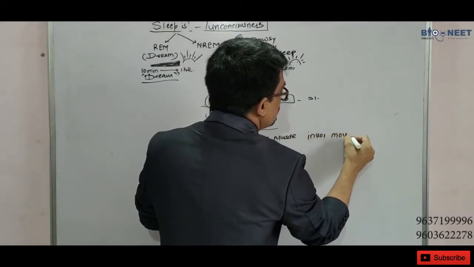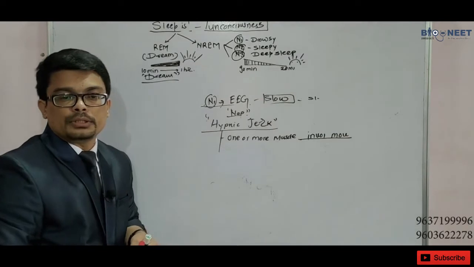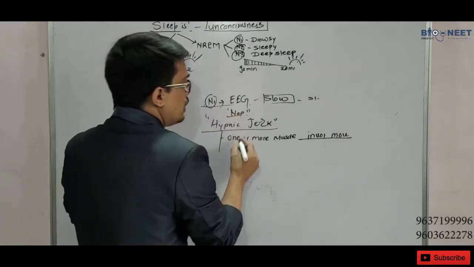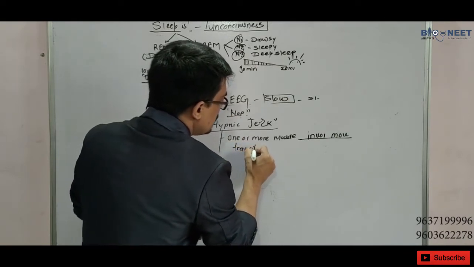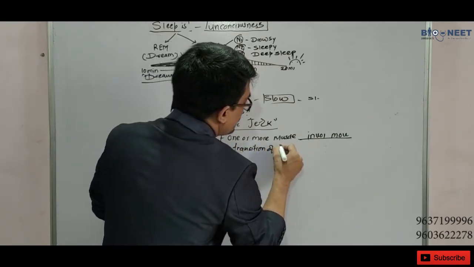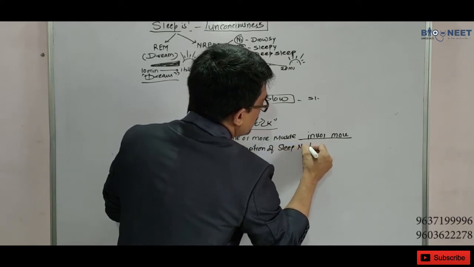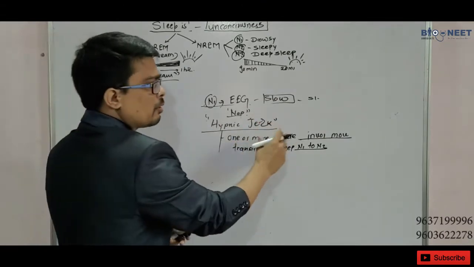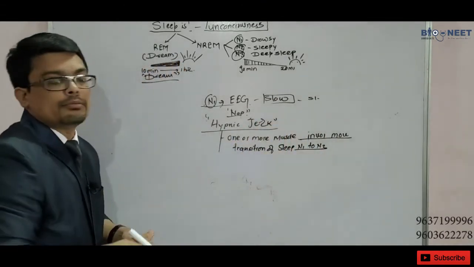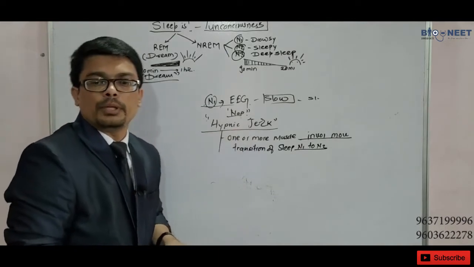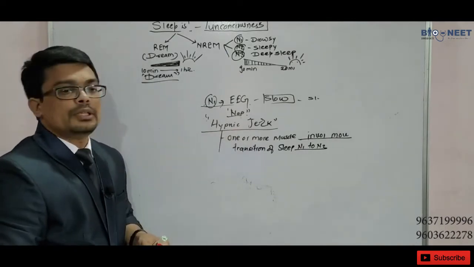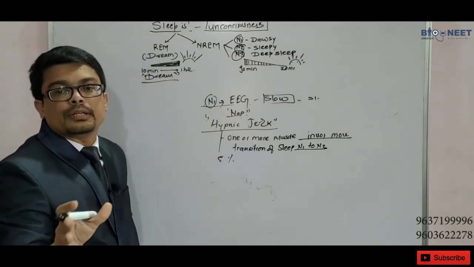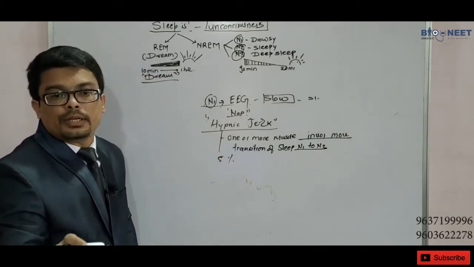It happens when there is a transition of sleep from N1 to N2. At that time, one or a group of muscles show involuntary movement, and we call that a hypnic jerk. That is the terminology we use. N1 sleep is about 5% of total sleep we spend.